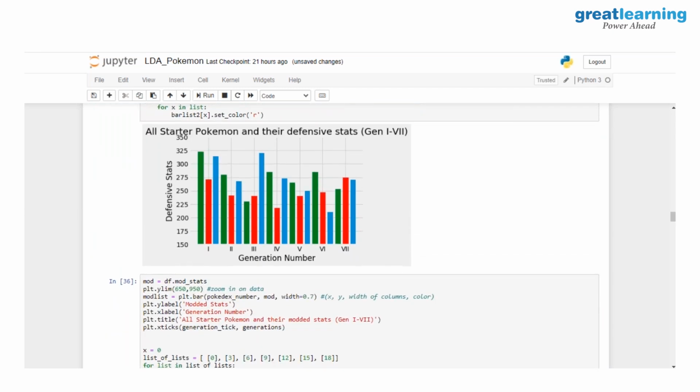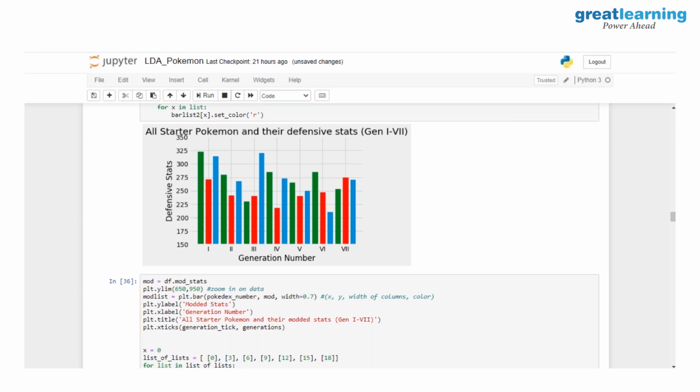The idea is, generation by generation, the Pokemon starter is showing different types of strategies, more attacking, more defensive in which generation.